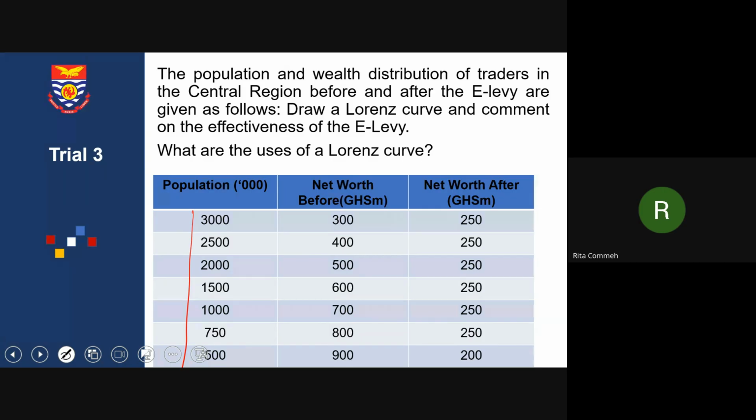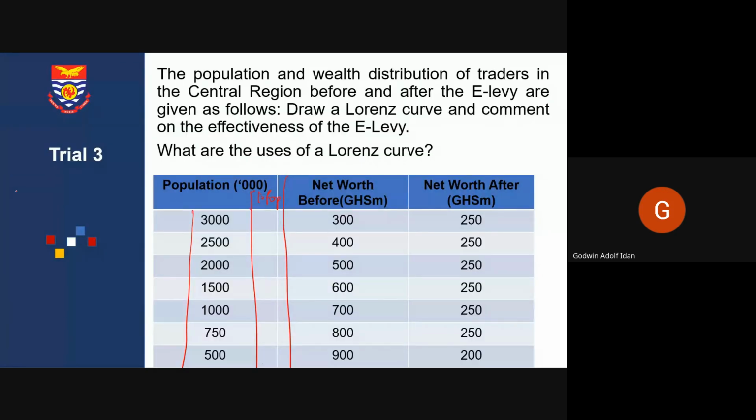11,250. 11,250. Anybody to confirm? Any confirmation? Yes, sir. So for us to get a percentage of population, let's work our percentage of population here.